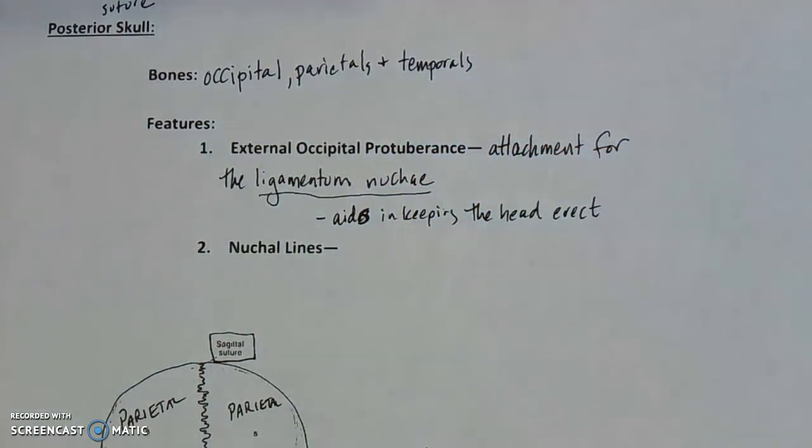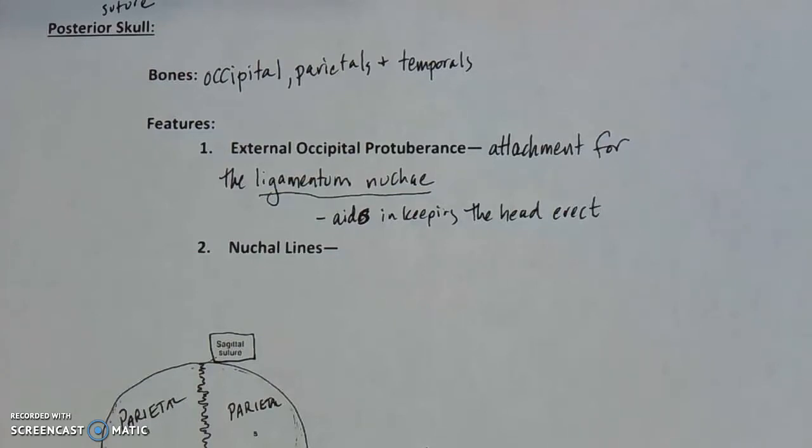So this ligament is there and attaches bone to other bones that helps us keep our head up. Otherwise, our chin would be touching our chest all the time. So this helps us keep our head up and our eyes straight forward. So we need a pretty big ligament there to help us do that because our head is pretty heavy.